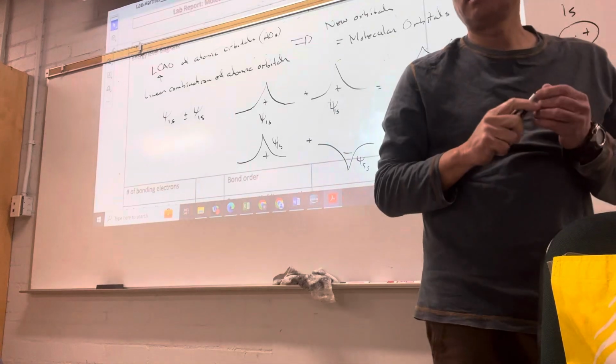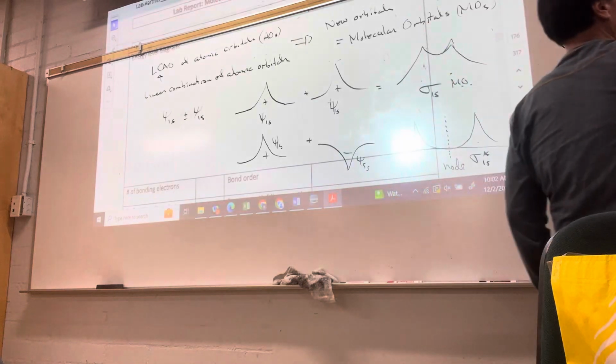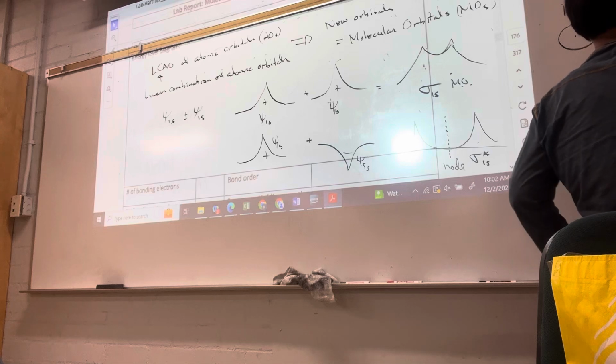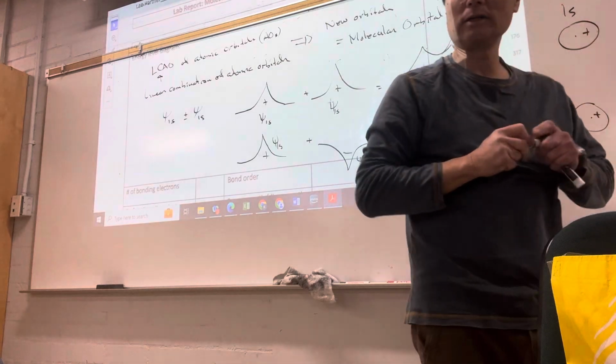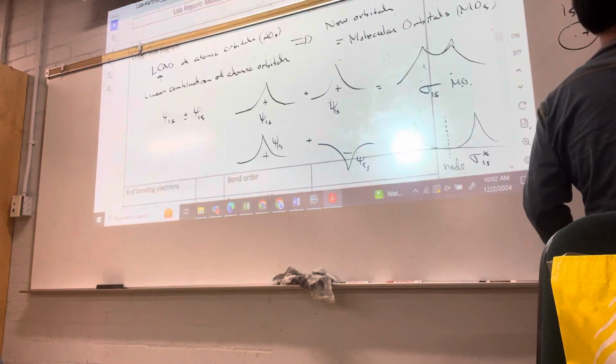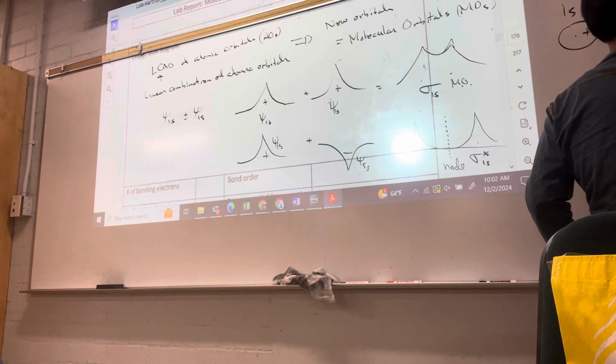The electron density, when we look at the first one, is going to be in the internuclear region and also outside, but the two nuclei are going to be attracted to one another because of the negative charge density in this cloud here.